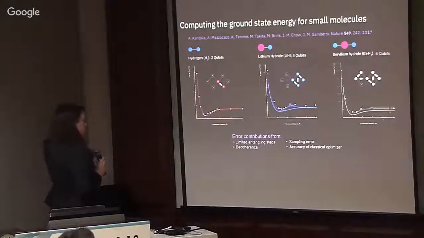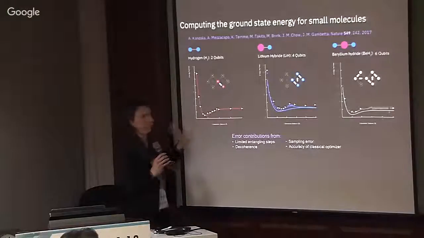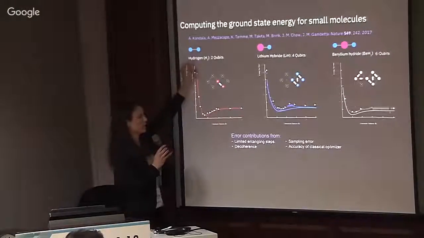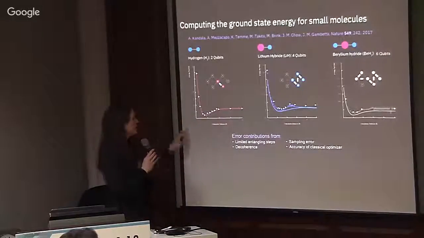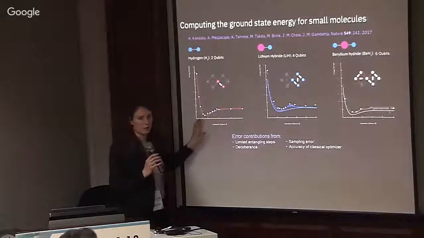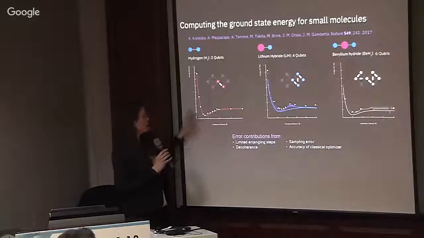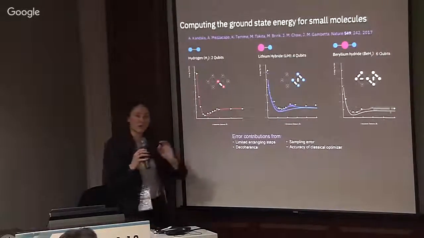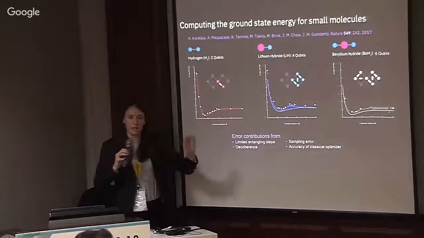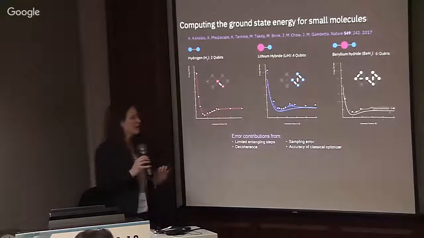These 3 plots show results for 3 different small molecules: the hydrogen molecule, lithium hydride, and beryllium hydride. These are called dissociation curves. Basically, this is the lowest energy value for a particular internuclear separation.